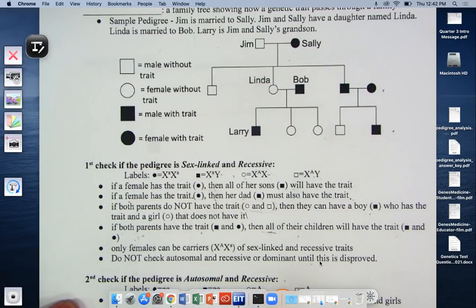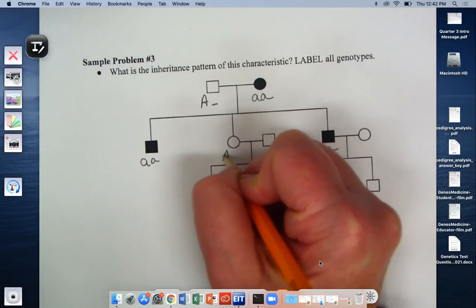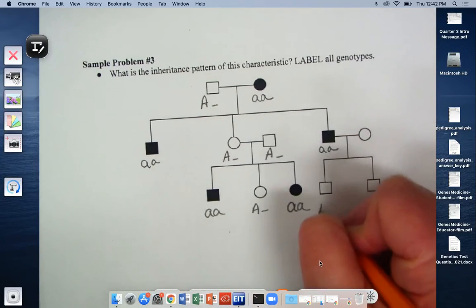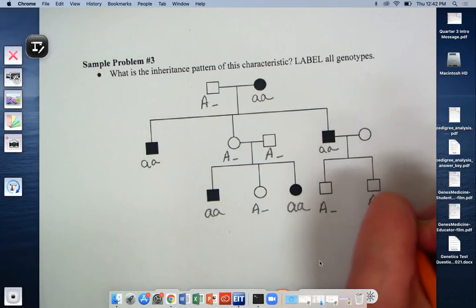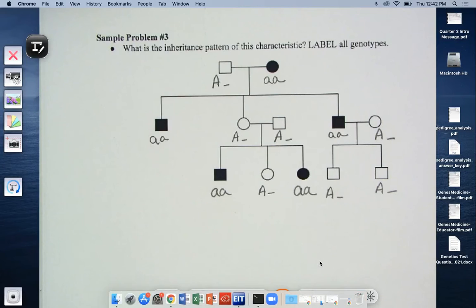Then, if they don't have the trait, then they're capital A something. So that's step one once we've decided. Then we start looking at the parents and the children, and does it work? Does it match? And can we figure out what another parent would be?